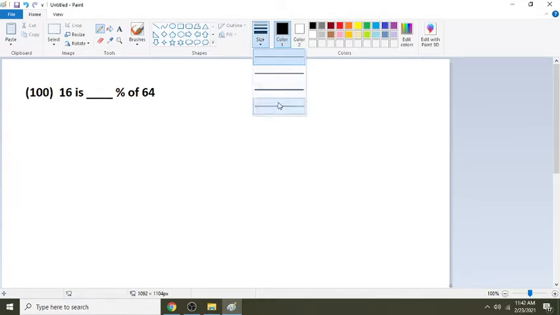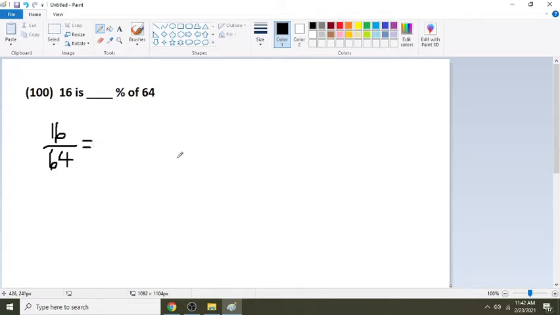If you have prior knowledge about the multiples of 16, you would understand that this is 1/4. 16 divided by 16 is 1, 64 divided by 16 is 4, and for 1/4, you divide 1 by 4. That leaves you with 0.25 or 25%.